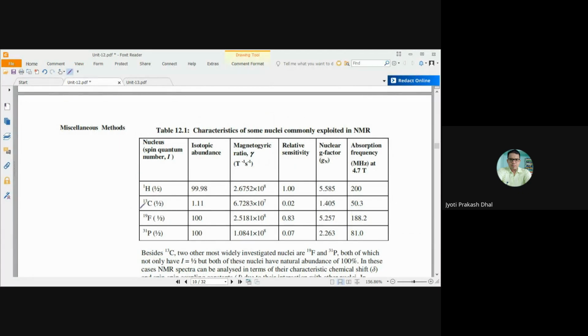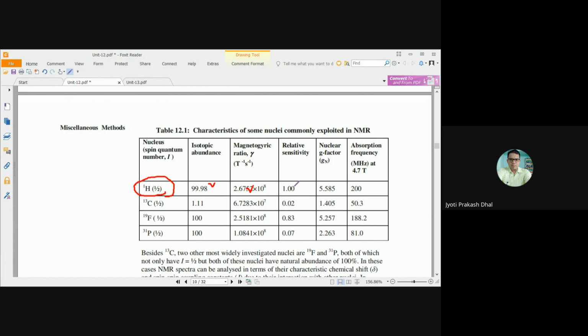So here you can see the different types of nuclei used in NMR. First one is proton NMR. Here I equals half, isotopic abundance is 99.98%, and the gyromagnetic ratio value is given.